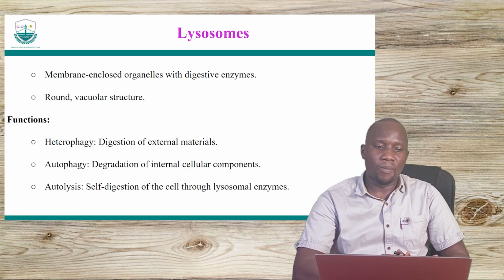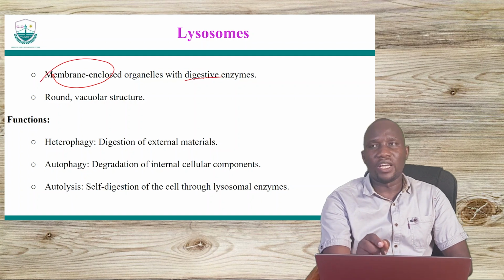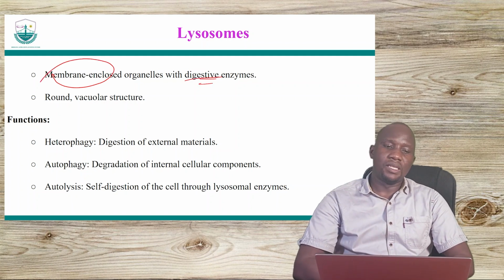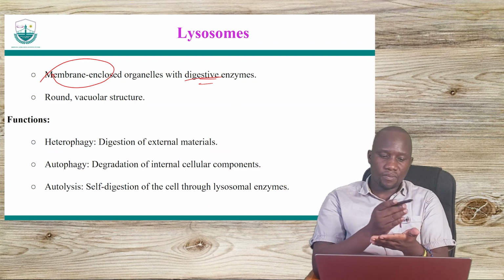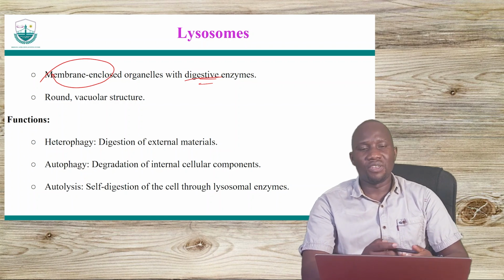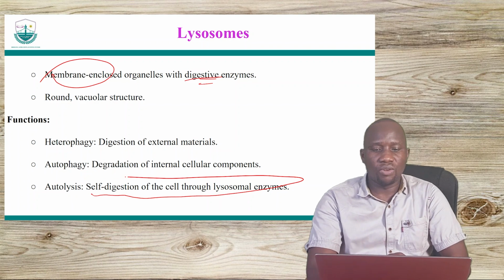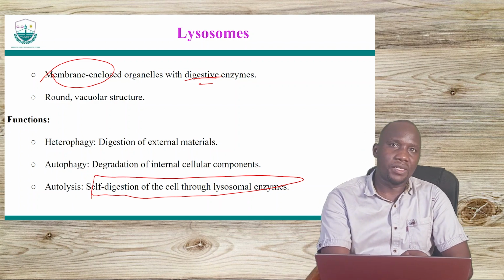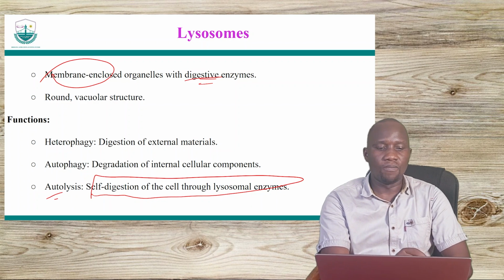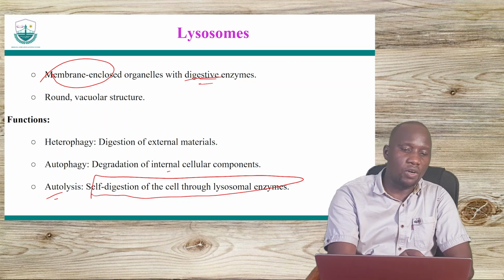Lysosomes are organelles enclosed by a membrane, and they contain digestive enzymes. These enzymes can digest or degrade foreign material, or even degrade the cell itself. So lysosomes can kill the cell, self-digestion of the cell, the process we called autolysis earlier on. These enzymes can also degrade some internal structures within the cell, and that is what we call autophagy.